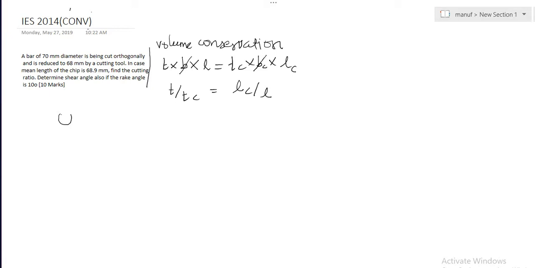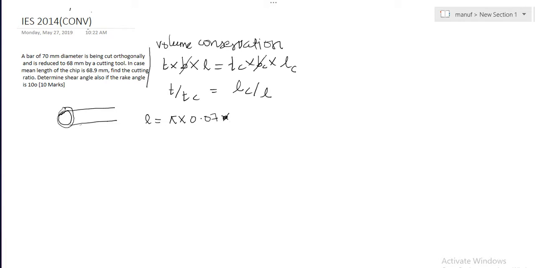So the chip length can be found out by the one perimeter, because if the tool moves from this point to the same point, then only the one chip will come out. So L equal to pi into 0.07. This will be our perimeter, pi d.